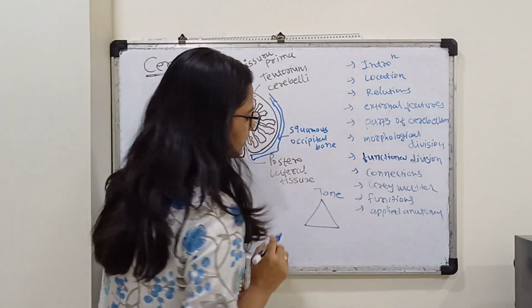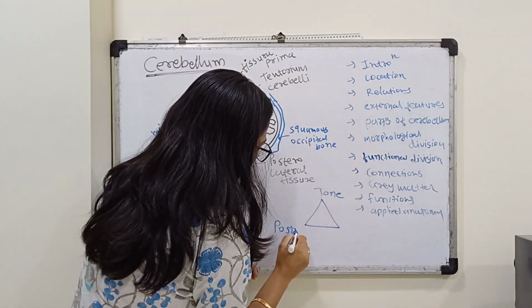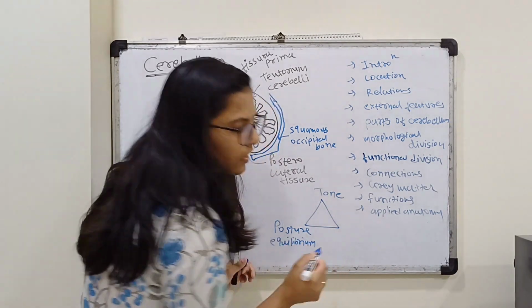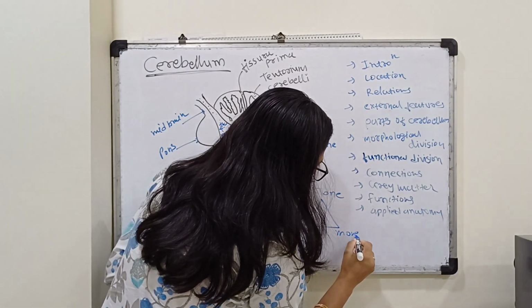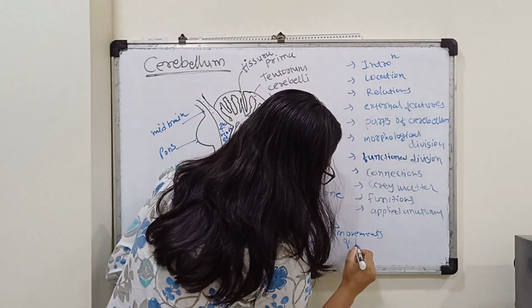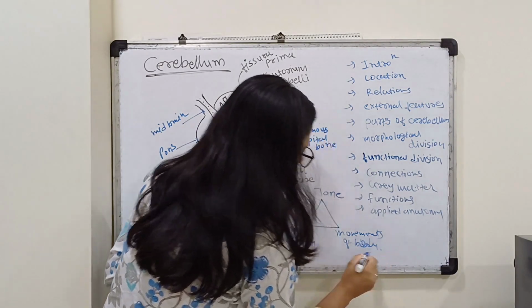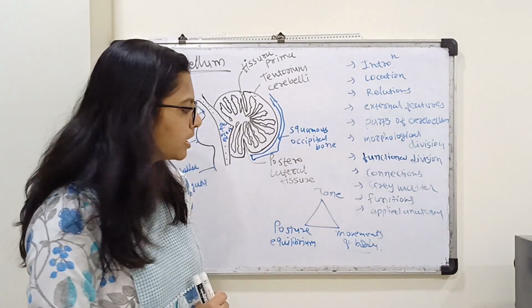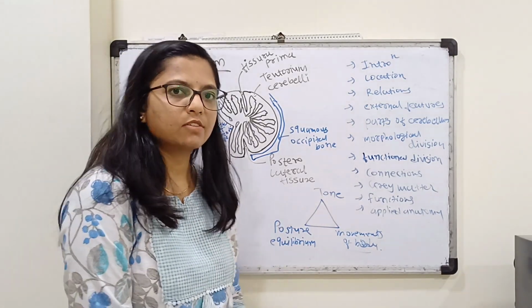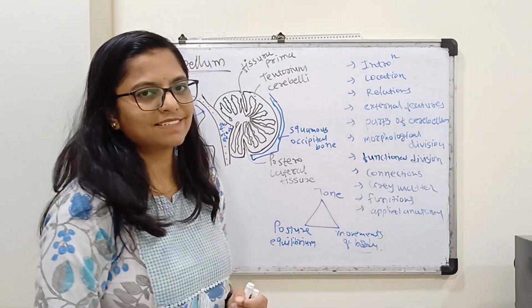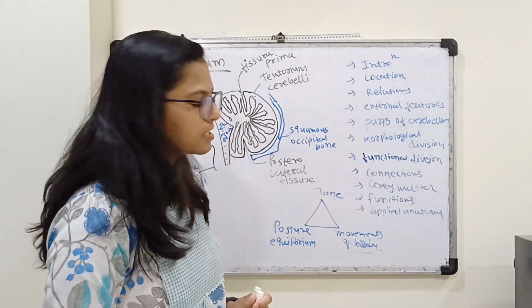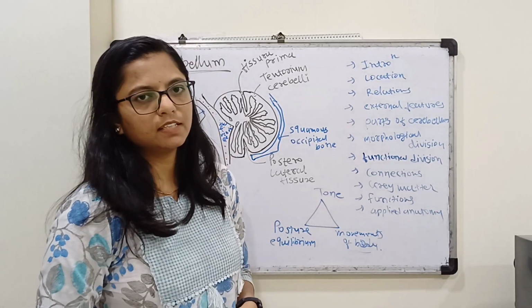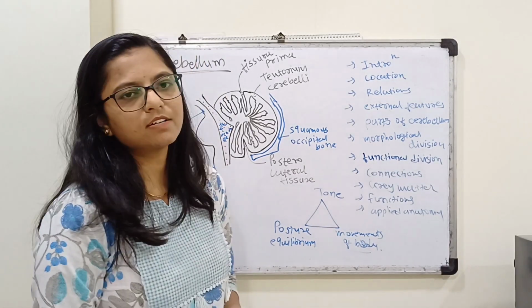First is the tone, second is the posture equilibrium, and third one is the movements of the body. Always remember these three functions: tone, posture equilibrium, and it coordinates the movements of the body.